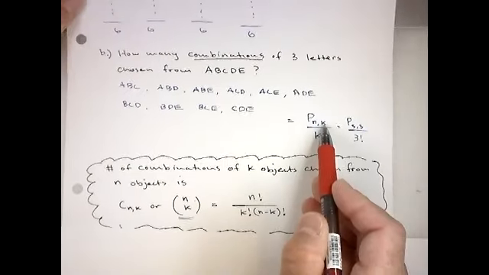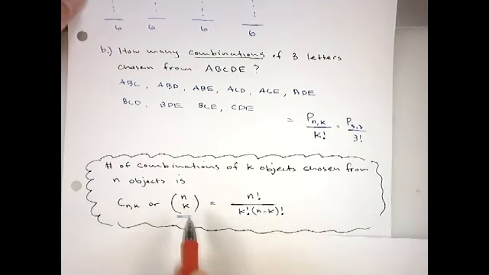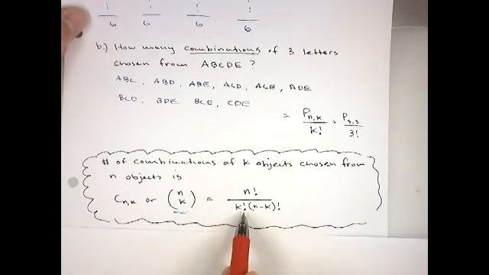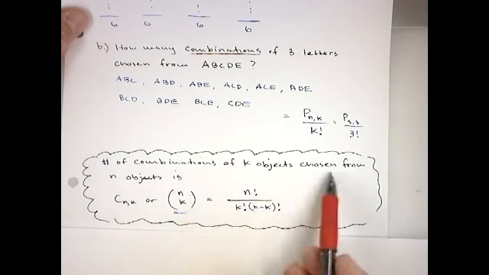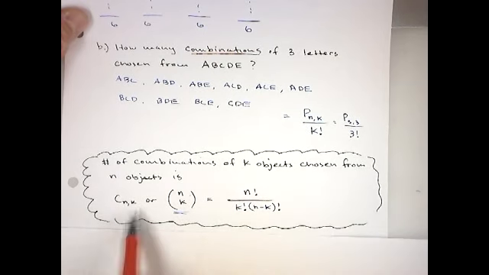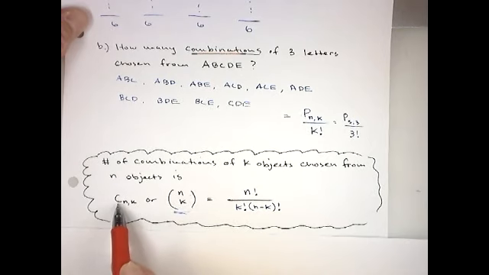Okay, so if we combine that, it really is just the number of permutations divided by k factorial, but we can put this all into one formula. The number of combinations of k objects chosen from n objects. There are different notations, similar to permutations: capital C, n comma k.